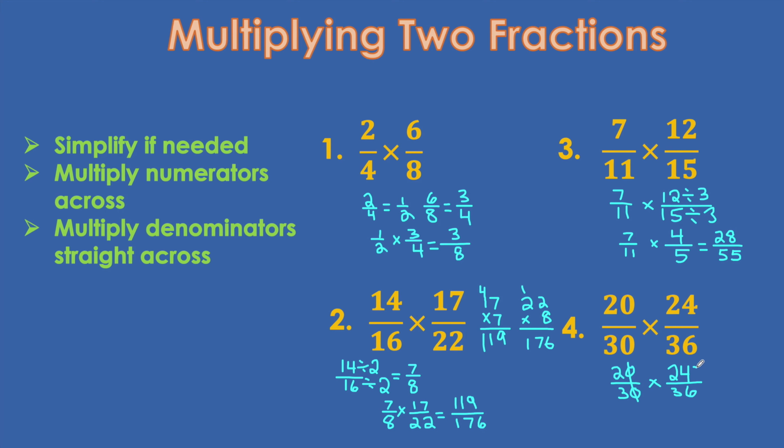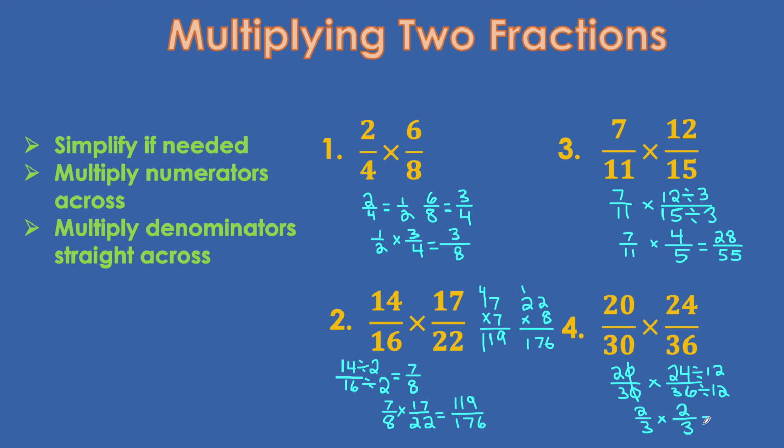We can divide the top and bottom by the greatest common factor, which will be 12. And we have 2/3 times 24 divided by 12 is 2, 36 divided by 12 is 3.